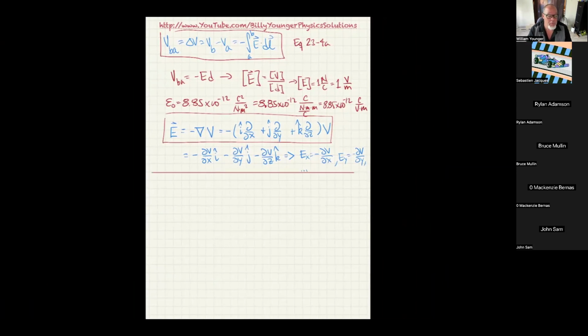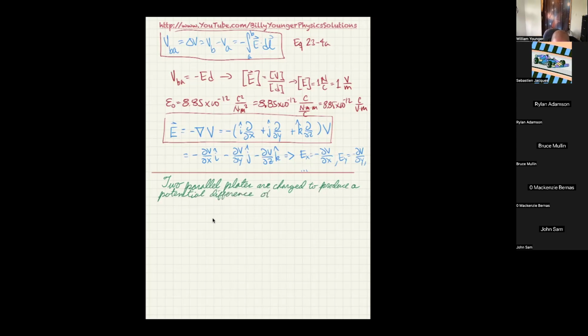What I'm going to say is two parallel plates are charged to produce a potential difference of 100.0. Now, here's a question.